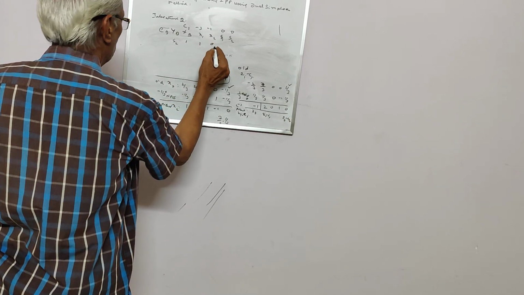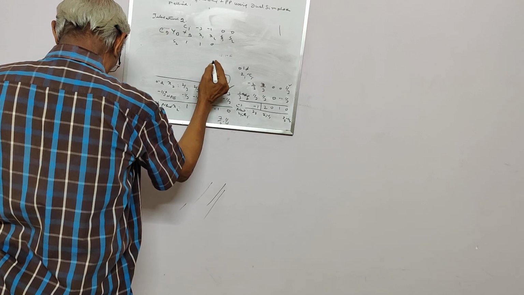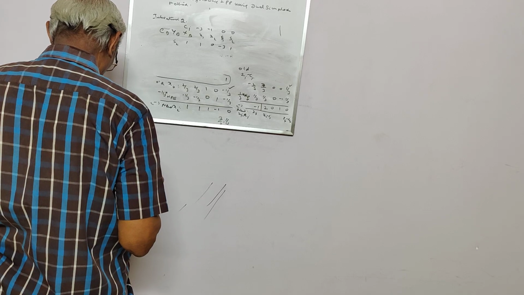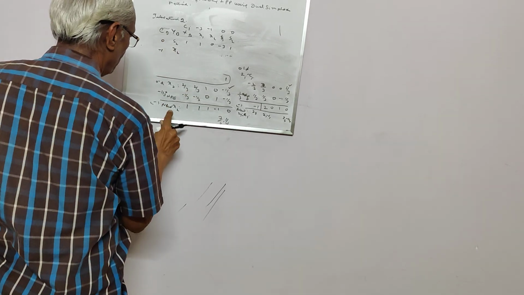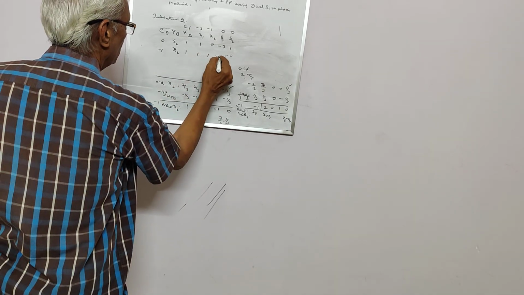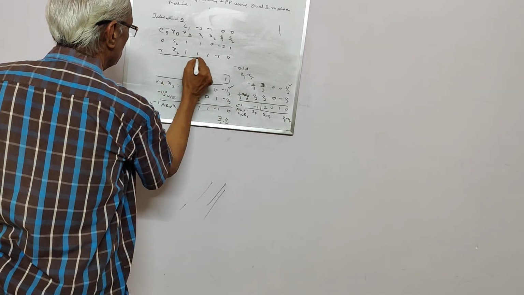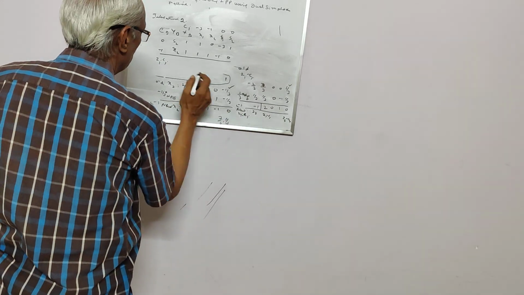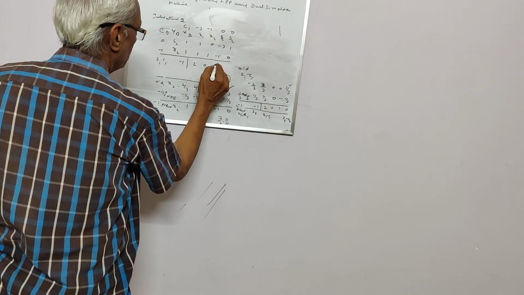1 1 0, minus 3, 1. x2, this is 0, minus 1. See, x2 I have got here 1 1 1 minus 1, 0. Zj minus Cj: minus 1, 2, 0, 1, 0.